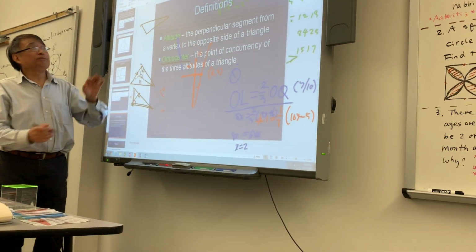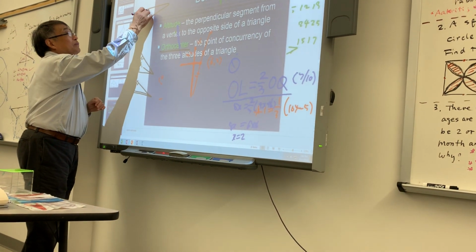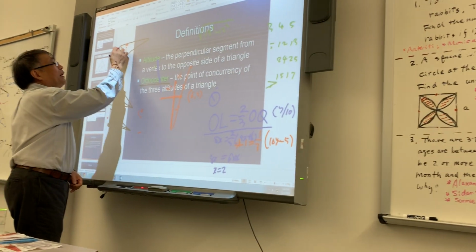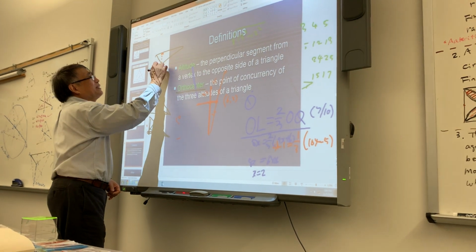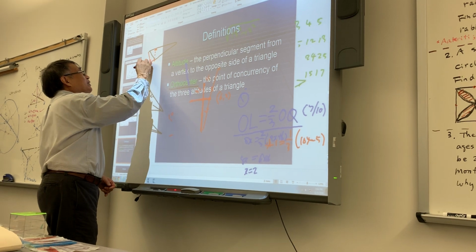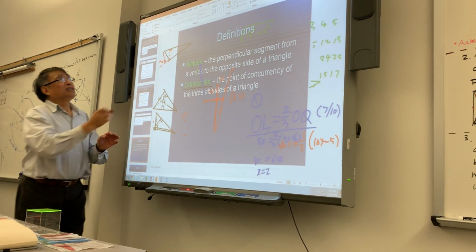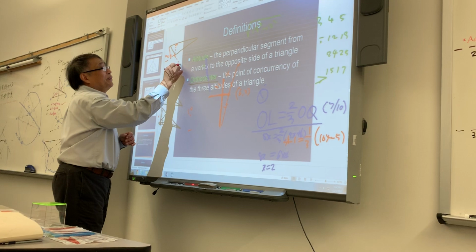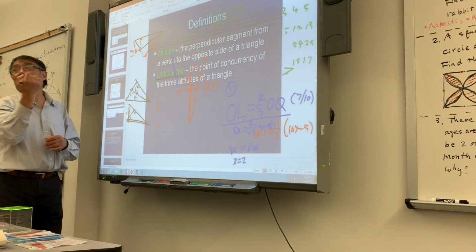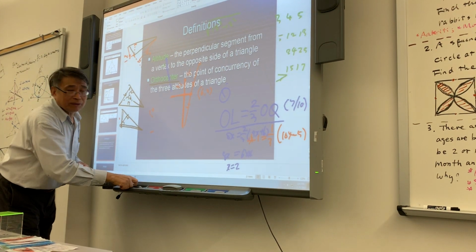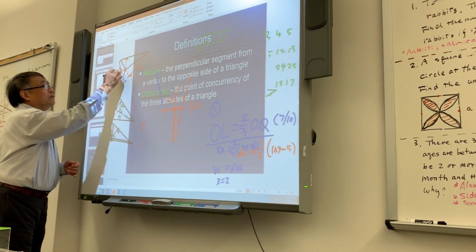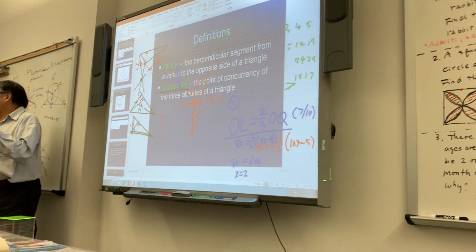How to get this part? First, the height. Do you understand me, please? Second, the height for this vertex to this side. So you can see you can extend it. This is height 2. For this vertex to this side, you extend it. So this is H3 or altitude 3. Those extensions are outside of the triangle.